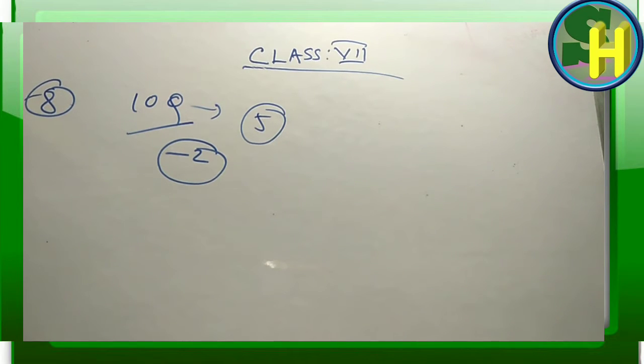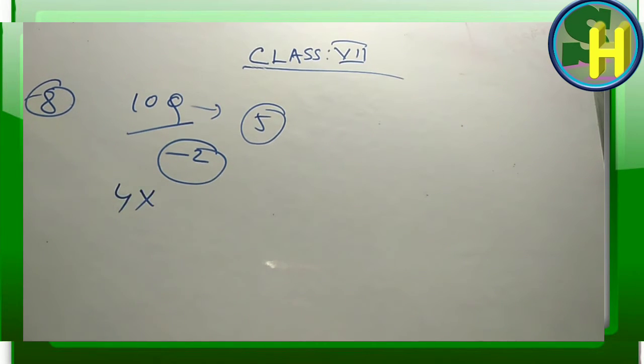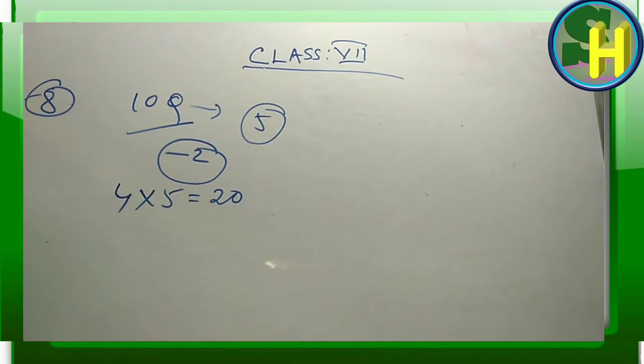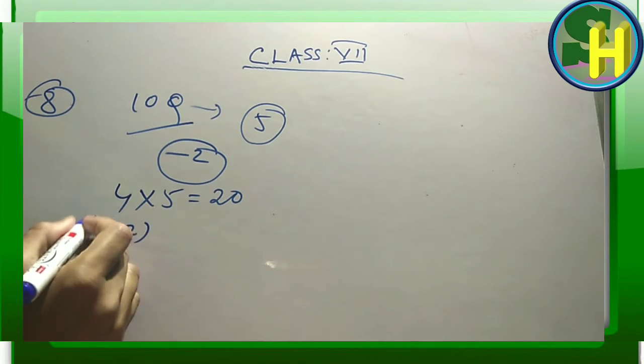Next, the question is that Ravi gets 4 correct and 6 incorrect answers. What is his score? 4 correct means how many marks? Each has 5 marks, so we get 20 marks. For incorrect answers, how many marks are deducted? Each is -2.